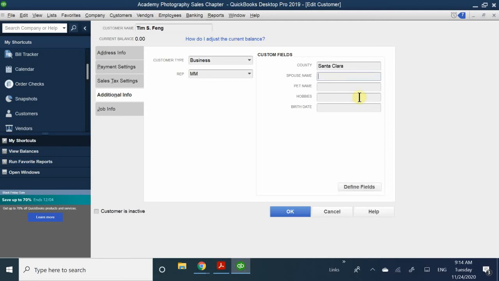All right, so again, spouse's name. Let's say it's Laura Fang. Okay, and then pet name. Does he have a pet? Yes, it's going to be a dog named Lily. Okay. Any hobbies? That's definitely something you could offer, or know something about your customer.